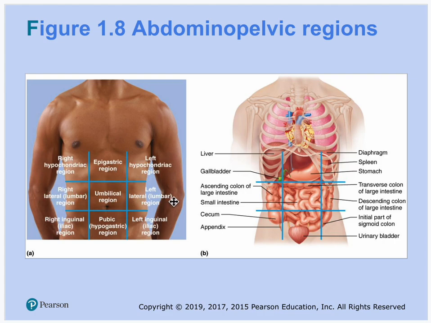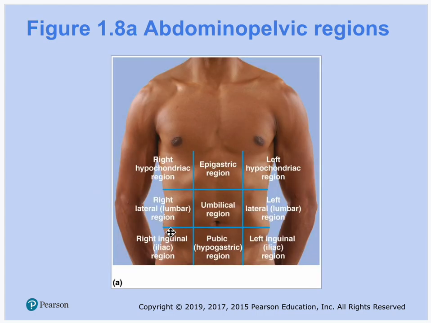The middle line has the lateral or lumbar regions on the right and the left, and the umbilical region in the middle. And then the bottom row has the inguinal regions on the right and the left, and the pubic or hypogastric region in the middle.